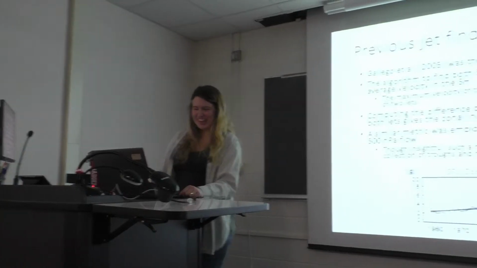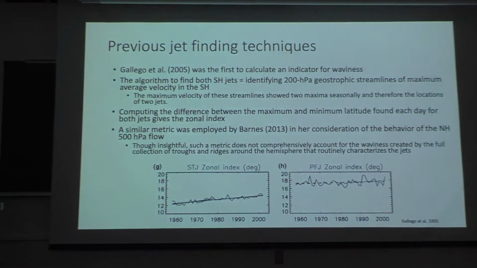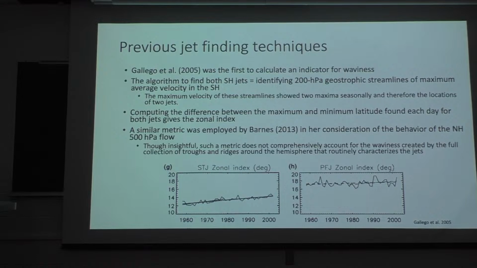Yeah, I could definitely try. So is this what you were talking about with the previous? Yeah, what was kind of lacking and what did you build off of with the method? So in this case, they used the 200 hectopascal geostrophic streamlines, and that was the only level at which they found jets. But I feel like the jet could be at different levels, not just that one level.